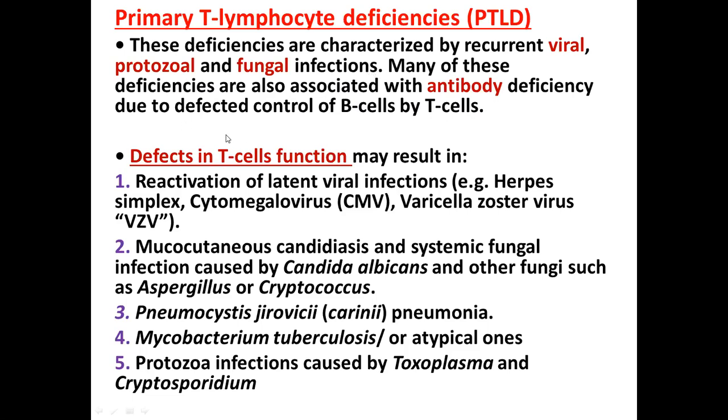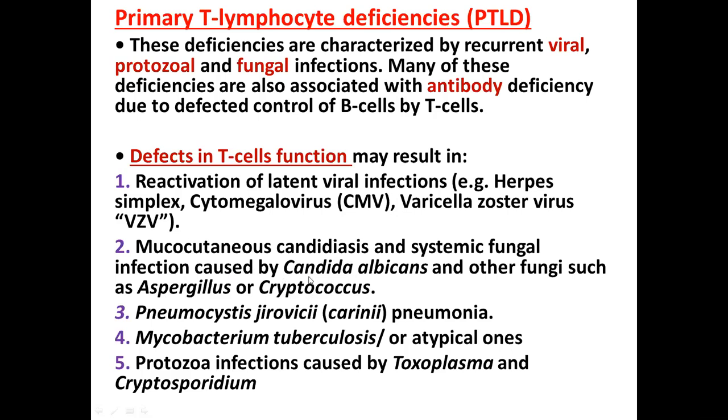Patients with T cell dysfunction may have reactivation of latent viral infection, like herpes simplex, cytomegalovirus, varicella zoster. These patients may suffer from mucocutaneous candidiasis and systemic fungal infection by Candida albicans or other fungi like Aspergillus or Cryptococcus.